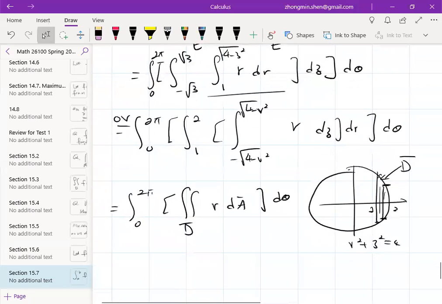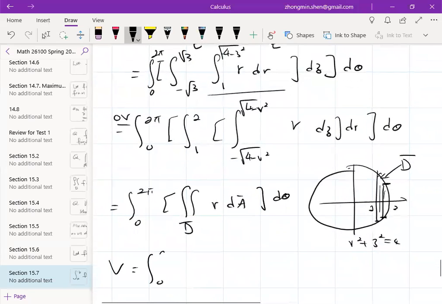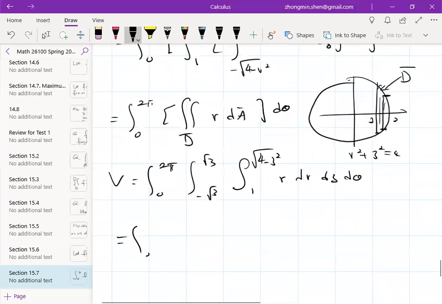Okay, so the volume, let's finish the computation. Let's use this one. The antiderivative of this will be R squared, right?